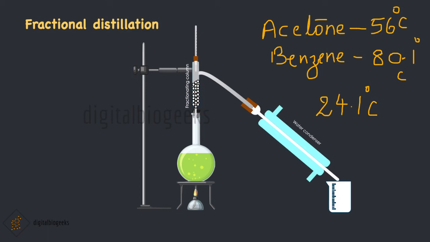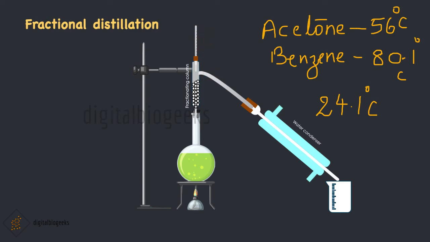This column contains glass beads in it. To the side tube of the fractionating column, connect a water condenser for the passage of cold water. Keep a beaker near to the water condenser outlet. Close the mouth of the fractionating column with a cork which is connected to a thermometer.